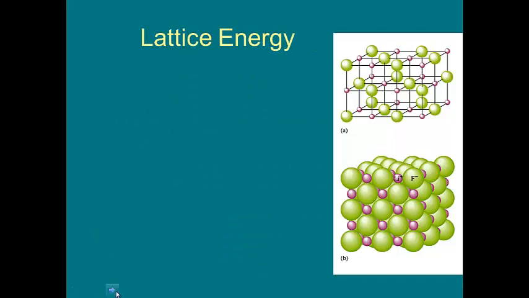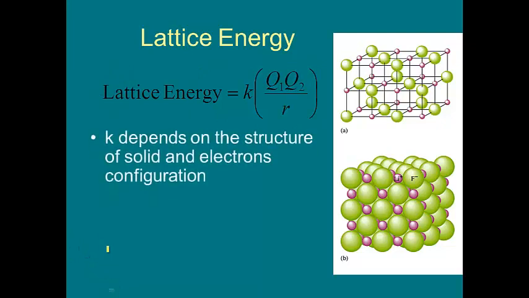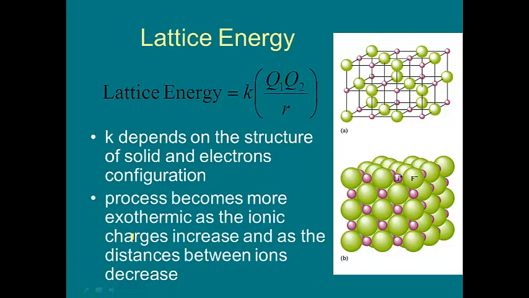Now, to add a little bit of math to that for this year, this is an equation that calculates lattice energy. K is going to depend on the structure of the solid and the electron configurations, and then Q is your charges that you have, and the process will become more exothermic, and there are some examples of this in your textbook if you want to go look at them, as the ionic charges increase and as the distance between the ions decrease.